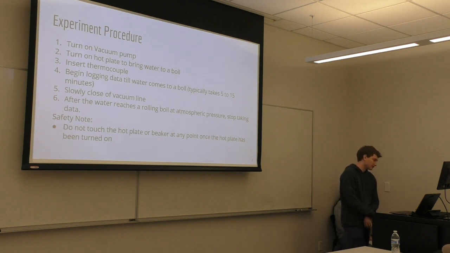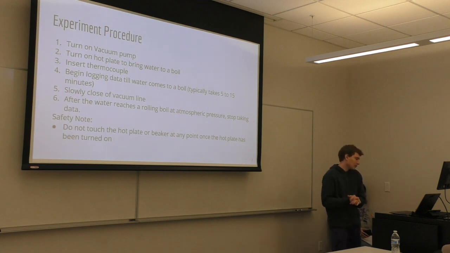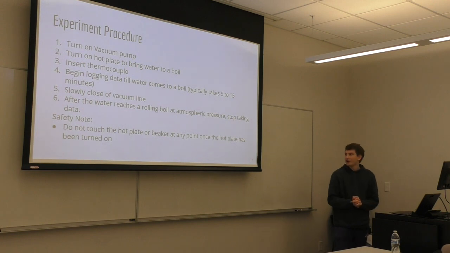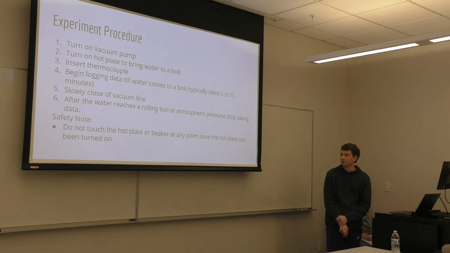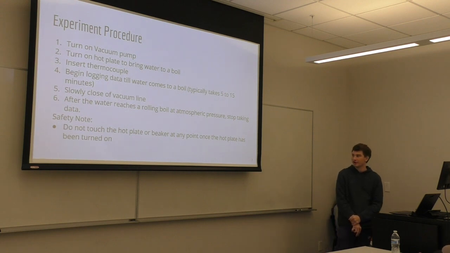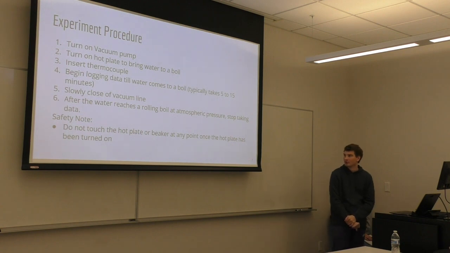Once we insert the stopper and turn on the hot plate, we want to begin logging data till the water comes to a boil. Typically, this takes between 5 to 15 minutes, closer to 15 minutes on average. Throughout the duration of the time to boil, we want to slowly close the vacuum line. And then after the water reaches a rolling boil at atmospheric pressure, we want to stop taking the data.